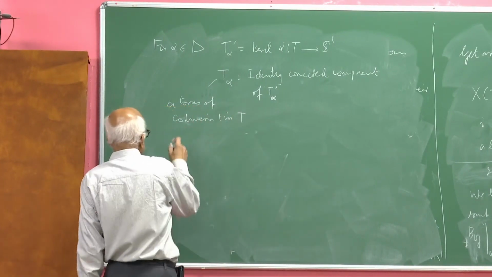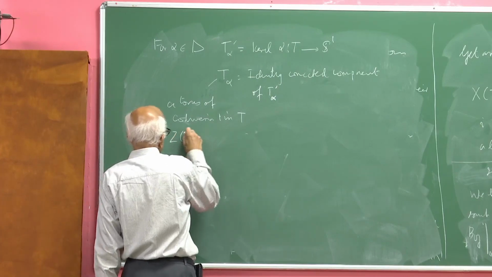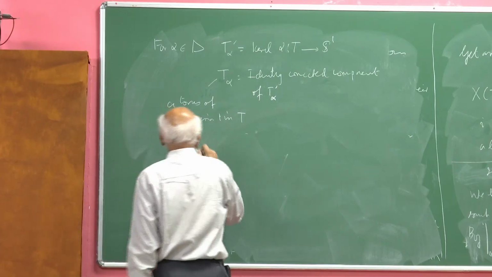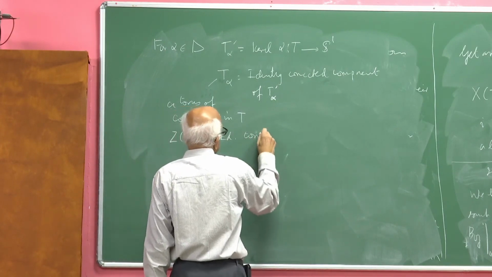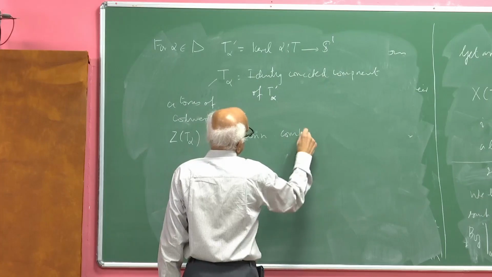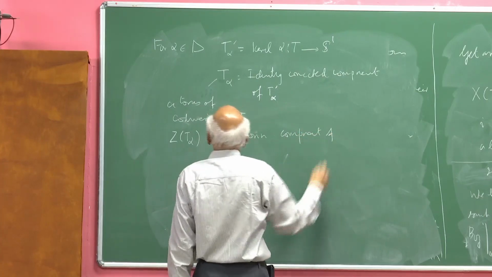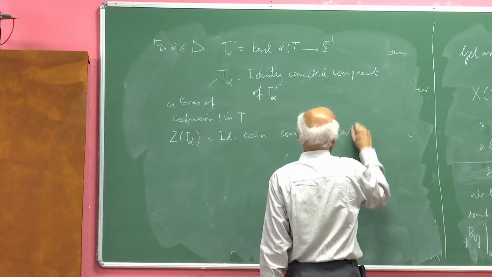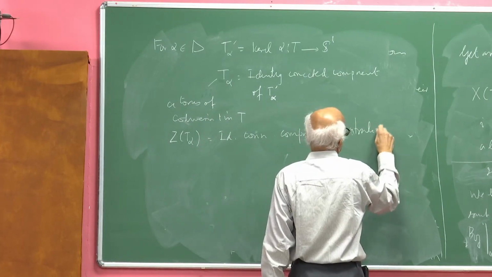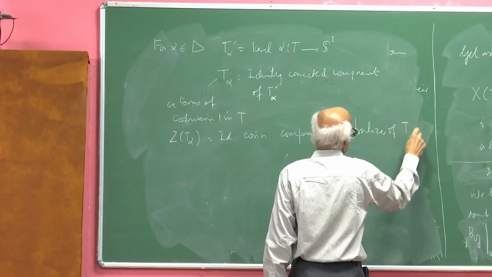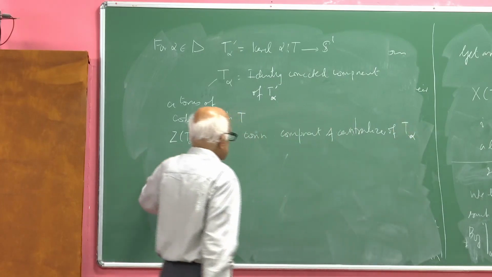And I will look at the centralizer of T alpha, again the identity connected component of the centralizer of T alpha. Call that ZT alpha.